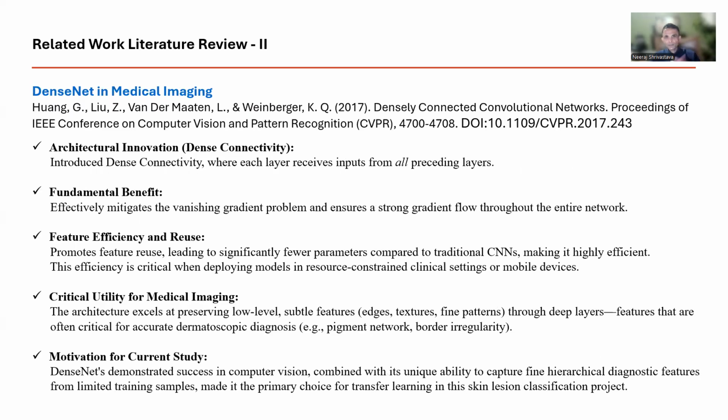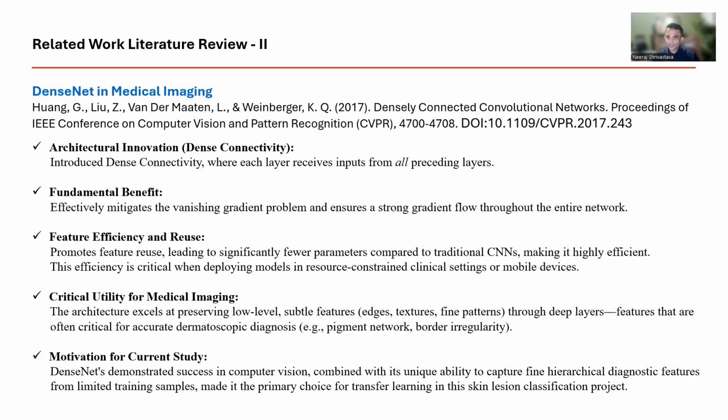Now, DenseNet in medical imaging is another very important research paper because, as we observe, DenseNet performs very well on this type of dataset. It effectively mitigates the vanishing gradient problem and ensures a strong gradient flow throughout the entire network. It promotes feature reuse, leading to significantly fewer parameters compared to traditional CNNs, making it highly efficient.